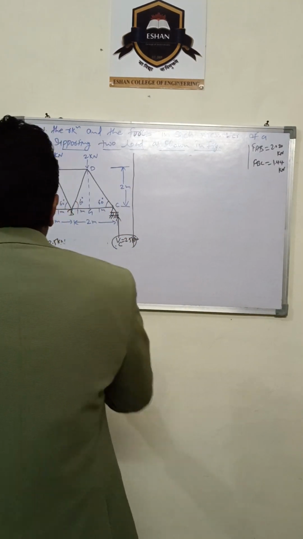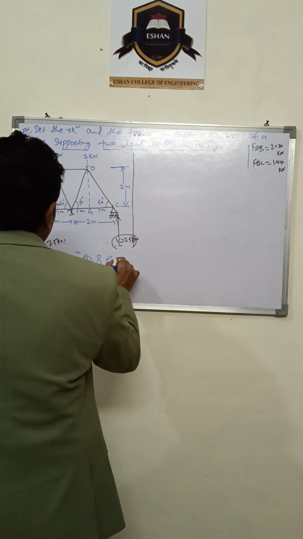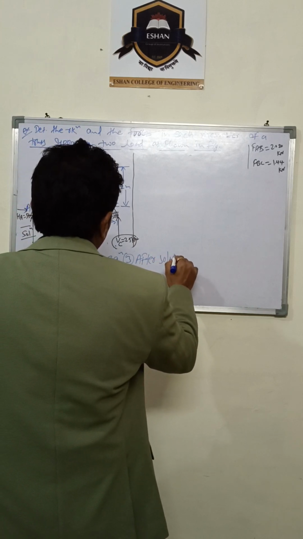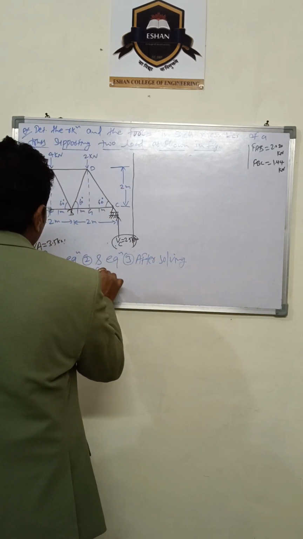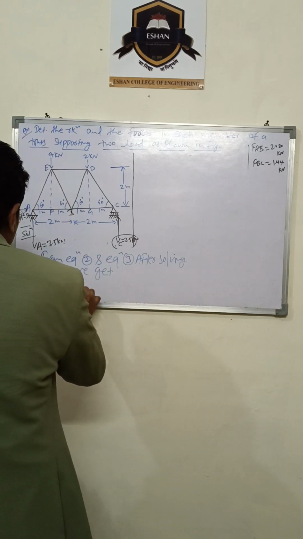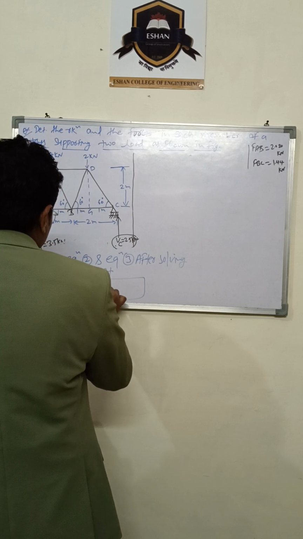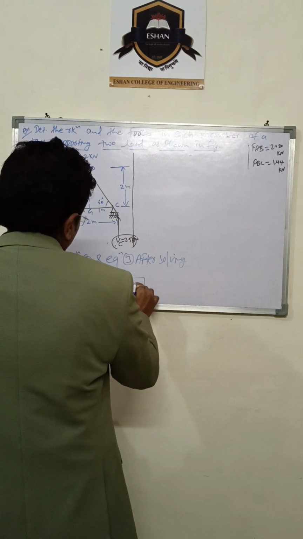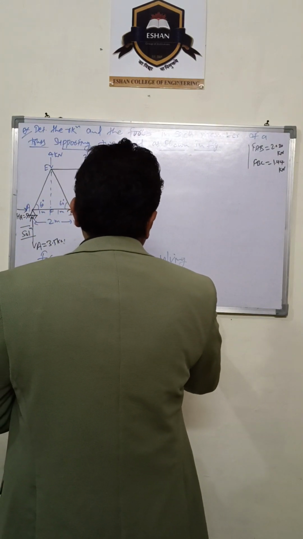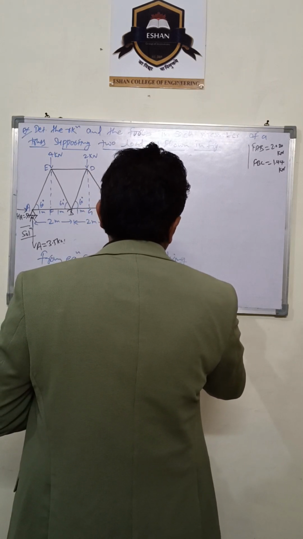From equation 2 and equation 3, after solving we get FBD equal to 0.58 kilonewton tensile, and the next member force, FBE, equal to minus 0.58 kilonewton.